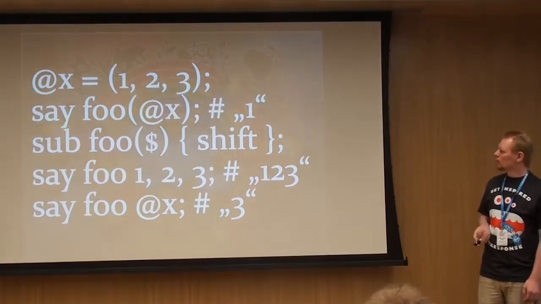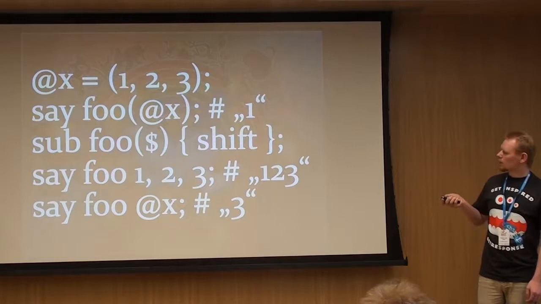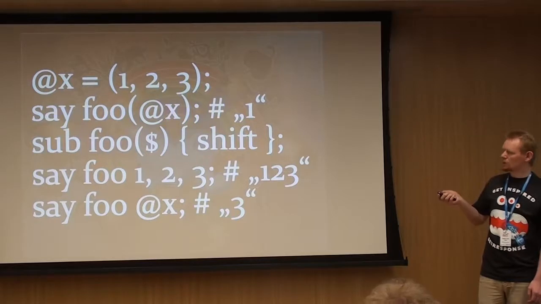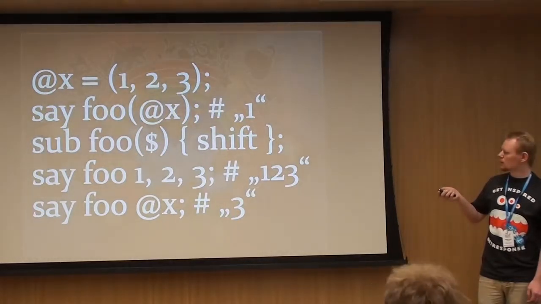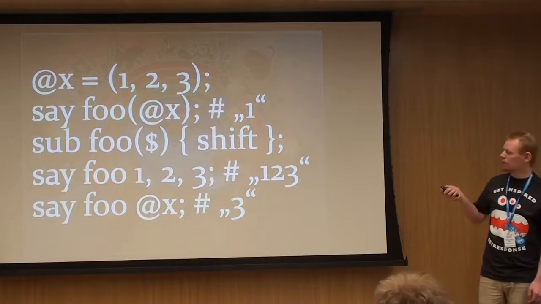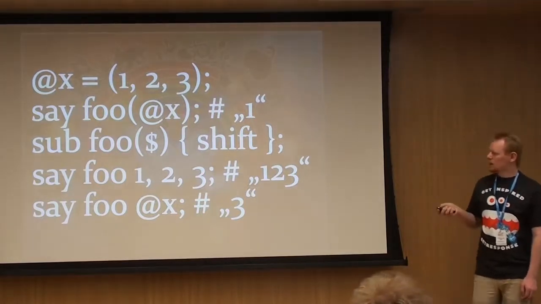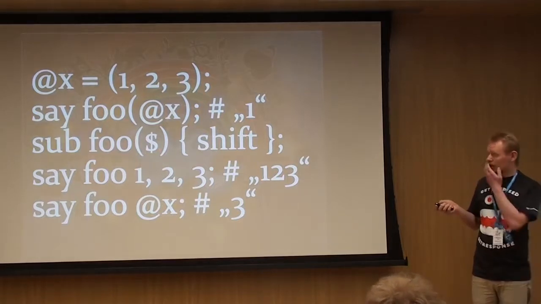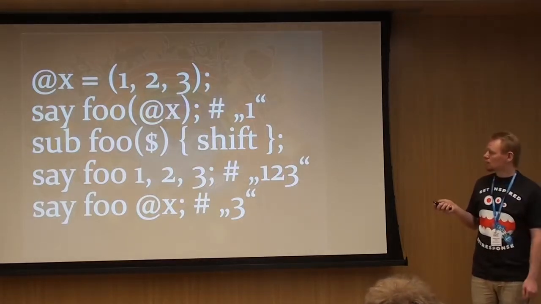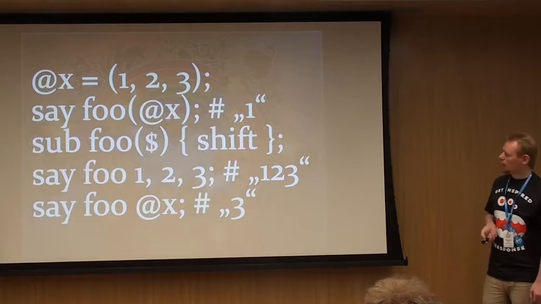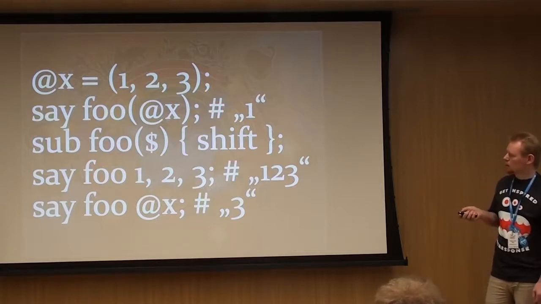This slurps the entire array, but only shifts 1 and returns it. So we say just the 1, and the others vanish within that subroutine. Then we declare the subroutine with a prototype that only takes 1 argument. And later we call it like this, we can get rid of the parentheses.